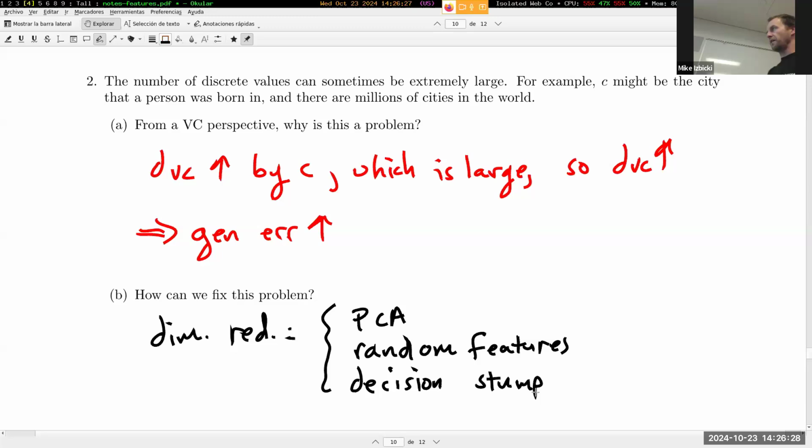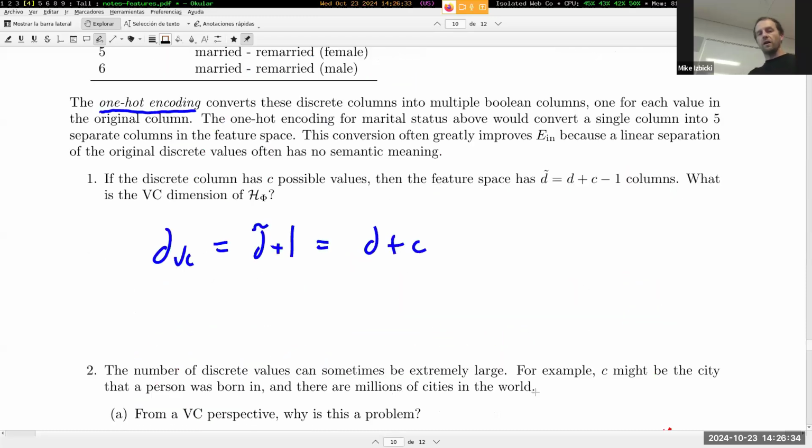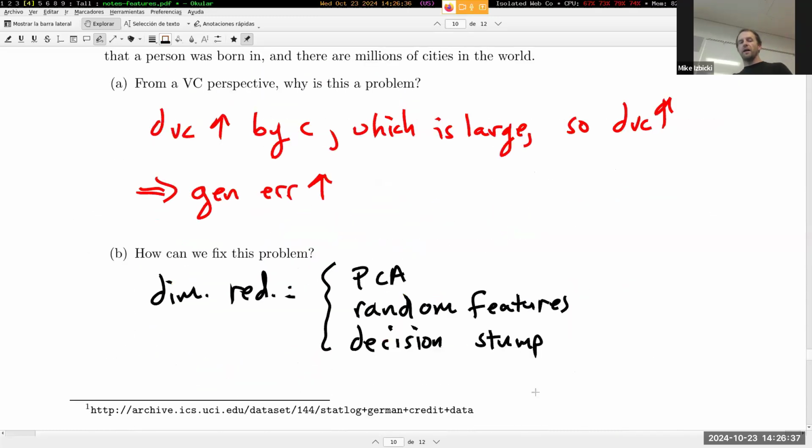And so we can chain these feature maps together, first doing the one-hot encoding and then following it by some other dimensionality reduction technique in order to get our final VC dimension into that good range where our E out will be minimized. And again, the rule of thumb is to get our VC dimension to be about 1/10 of the number of data points that we have.